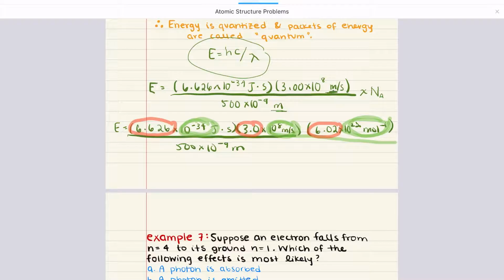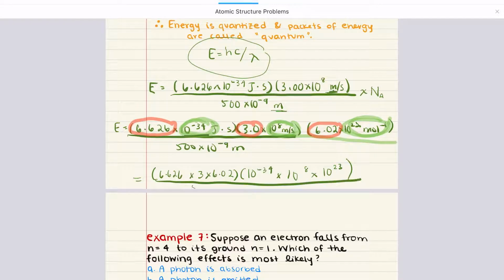This is going to make it easier to approximate things. So now we can rewrite that energy is going to be equal to 6.626 times 3 times 6.02, multiplied by all of these 10 powers: 10 to the minus 34 times 10 to the 8 times 10 to the 23, and then that's all over our 500 times 10 to the minus 9.